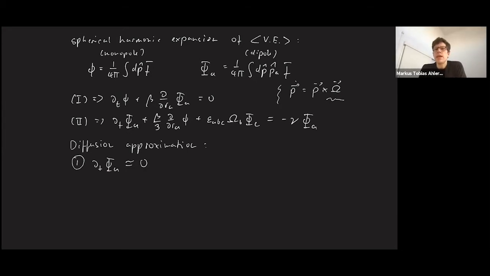So that means the angular configuration of the phase space density, in terms of the dipole distribution, will always be close to the steady state solution, whereas the monopole contribution can have a strong time dependence. So I will still assume that the time derivative of the monopole here is not equal to 0. But by using this diffusion approximation, I basically look now for the steady state solution of this expression here.